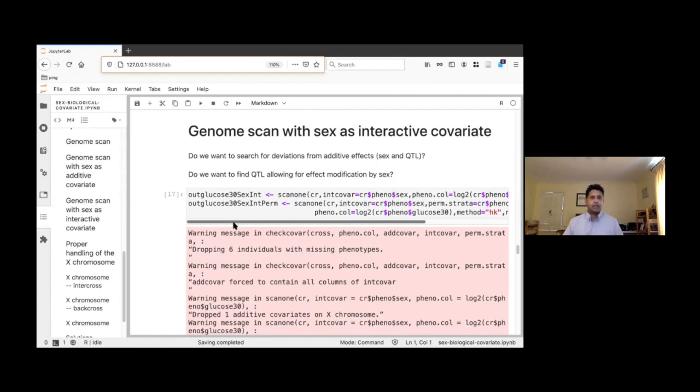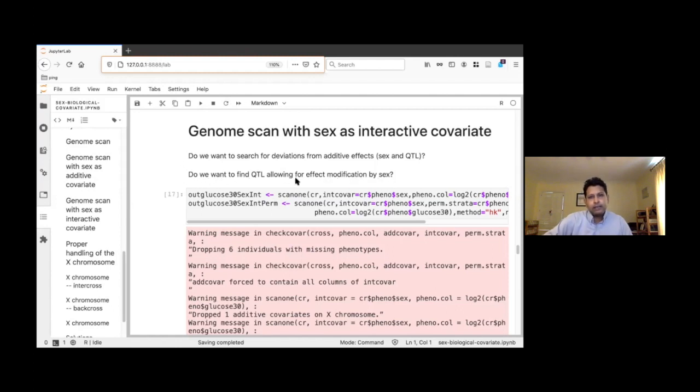The causal model that we had up there doesn't necessarily say that covariate sex and Qtl are additive. So there would be a split in your analytic strategy depending on how you want to think about this problem. So let's consider the second one.